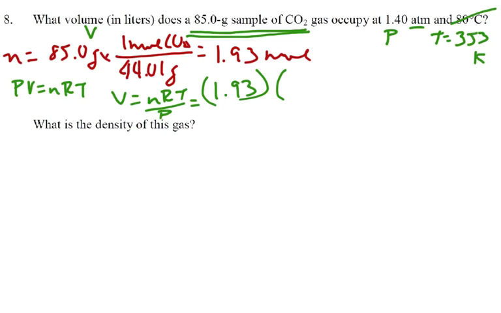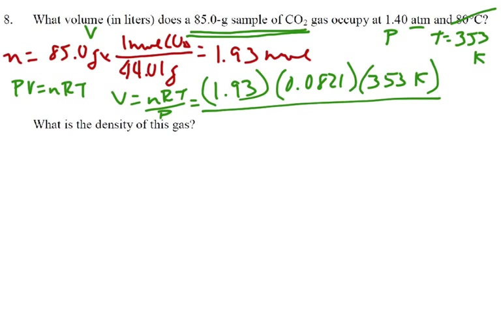We're using atmospheres, so we use 0.0821 as our value for R. Temperature is 353 Kelvin. And the pressure is 1.40 atmospheres. So when we get all done and do all our math, we get that this volume here is 40 liters.